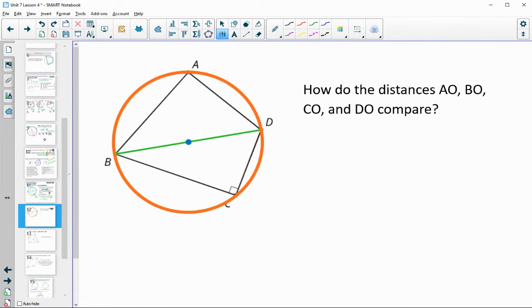All right, so then let's keep looking at the picture that you drew here of this circumscribed circle. What do we know about the distances from A to O?